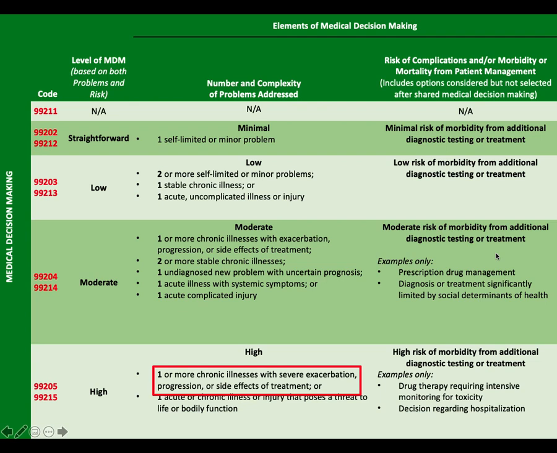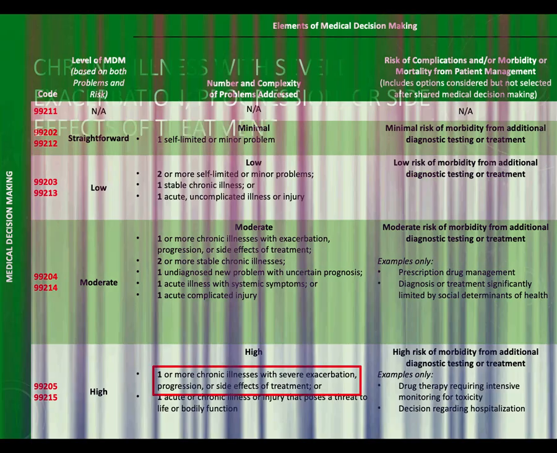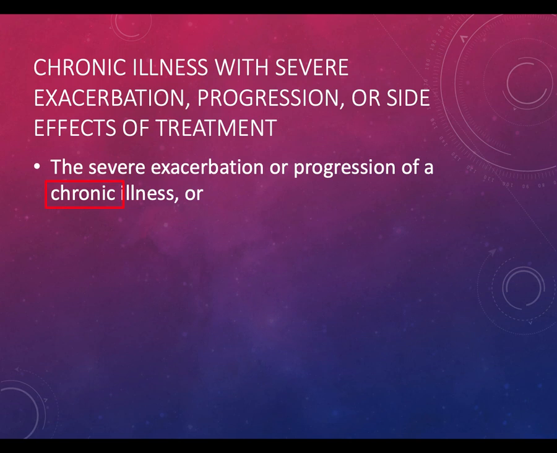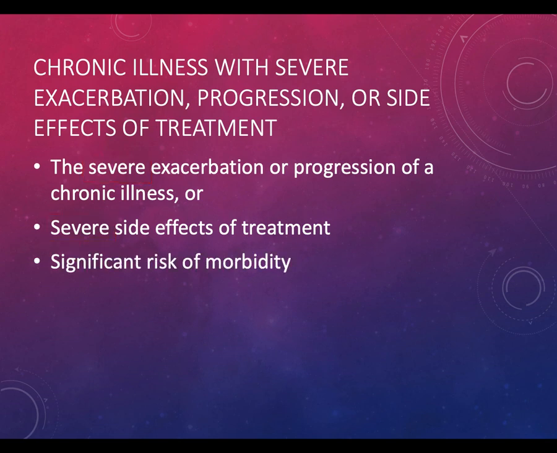Next is chronic illness with severe exacerbation, progression, or side effects of treatment. A chronic illness with severe exacerbation, progression, or side effects of treatment has several elements to which to pay attention. 1, the illness must be chronic. 2, the exacerbation, progression, or side effects must be severe and have significant risk of morbidity.